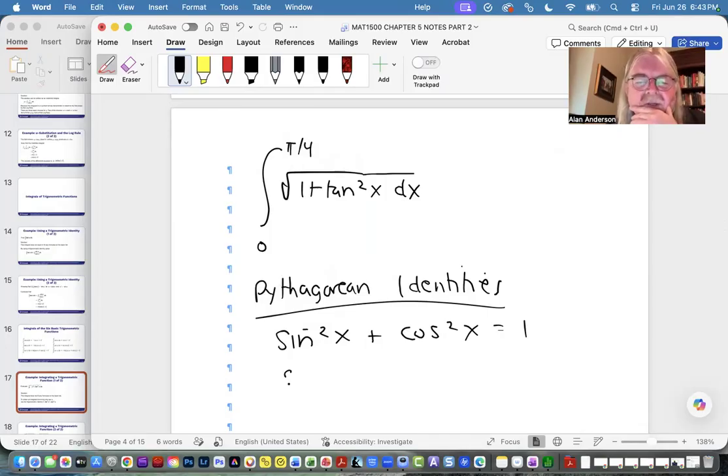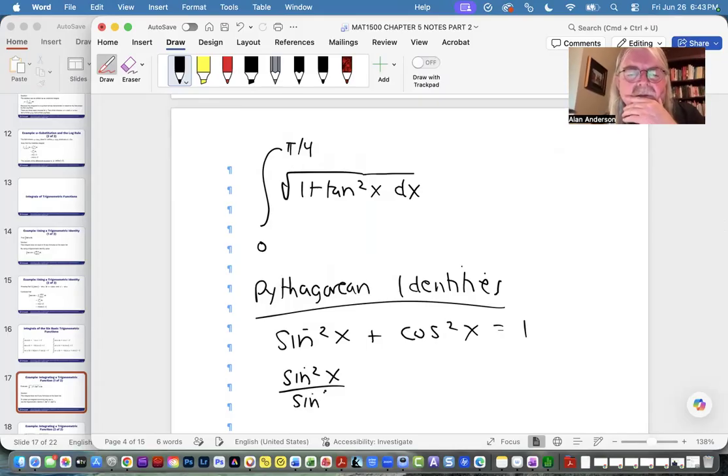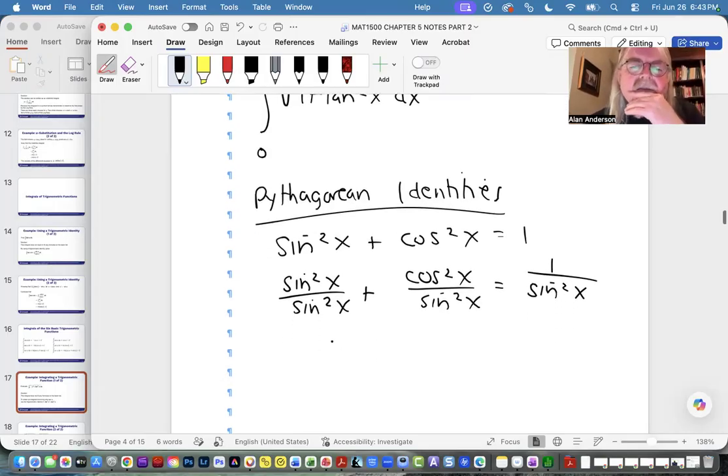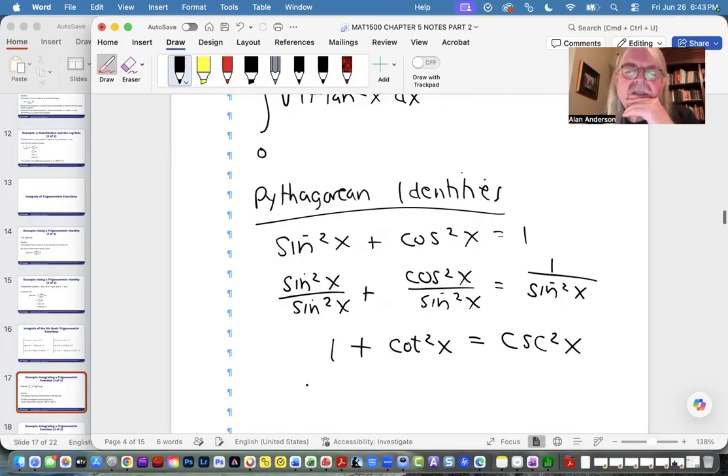If I divide both sides by sine squared x, that gives me, now that's not the one that I want though.